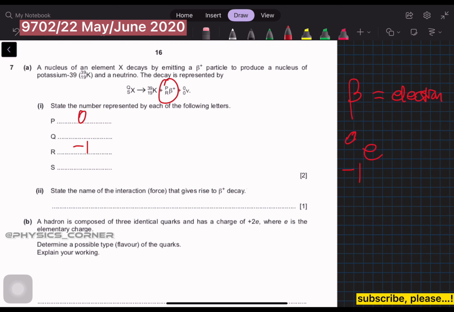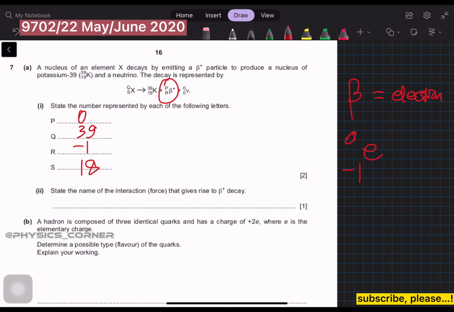So Q is 39. And S is equal to 18, because 19 minus 1 is 18. That's it.